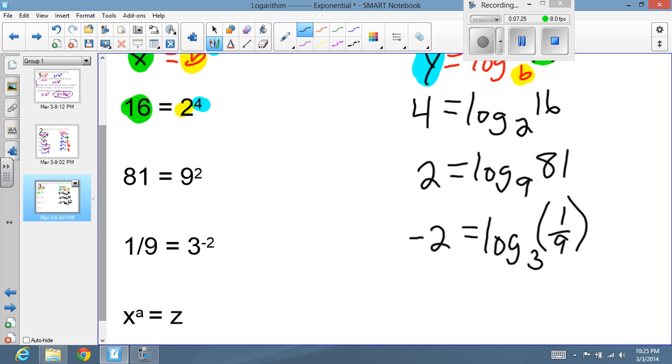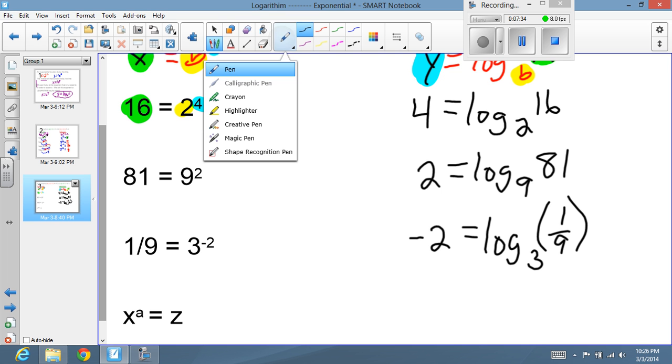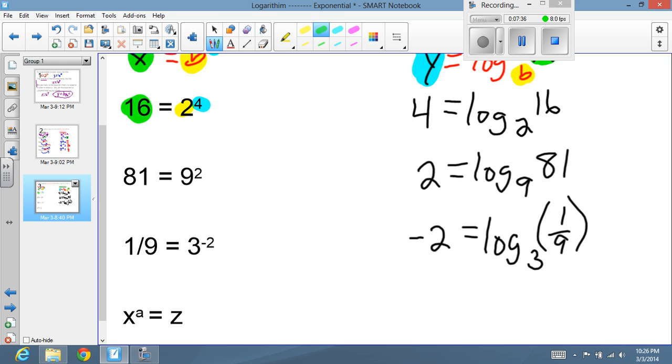Then lastly, let's just do this with some variables. Be careful here because I kind of flipped the order on you here, but my exponent here is a, my y is a, z is the x value here, and my base is the x.